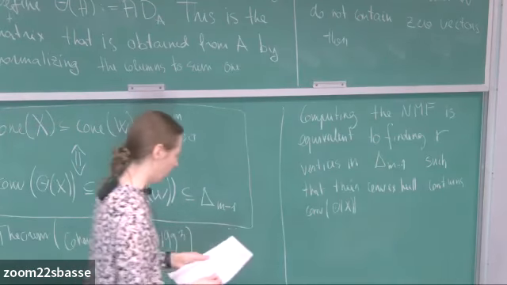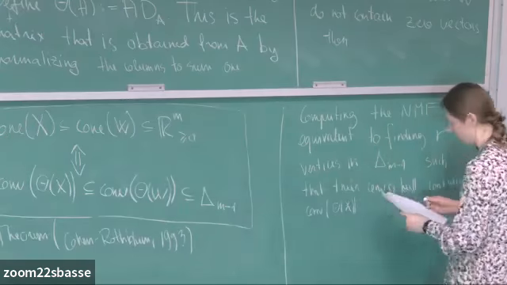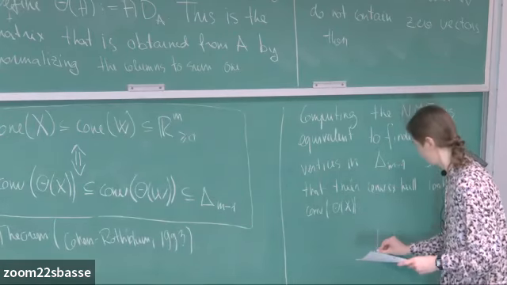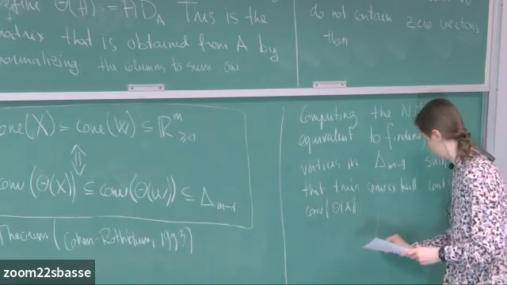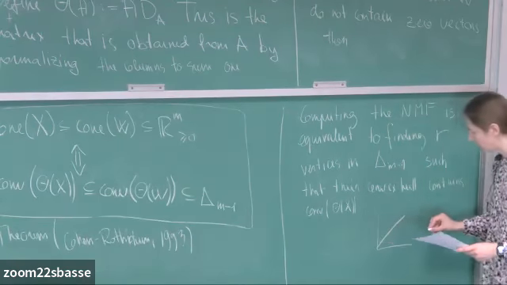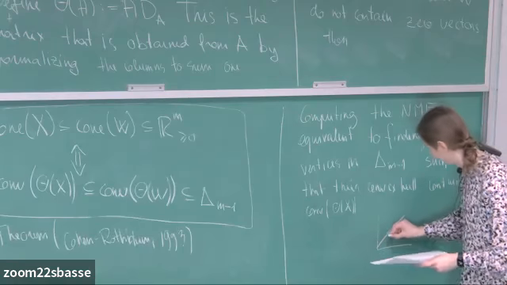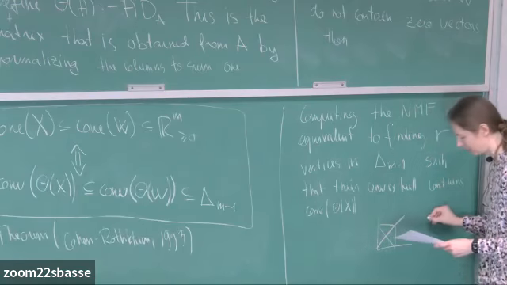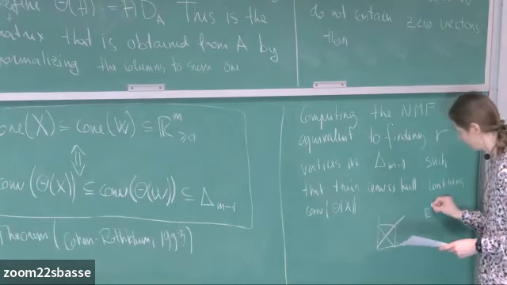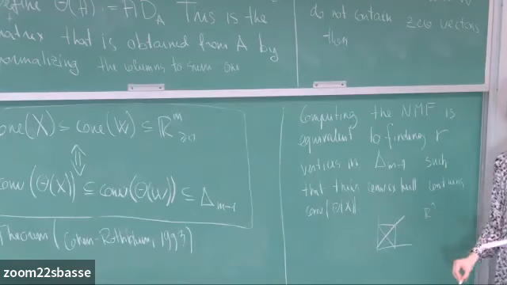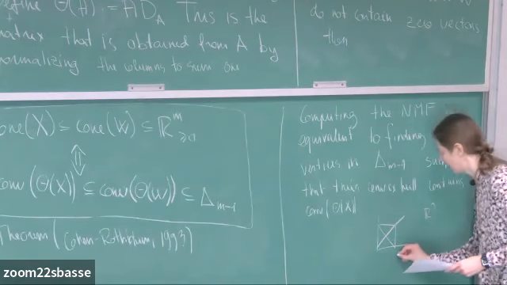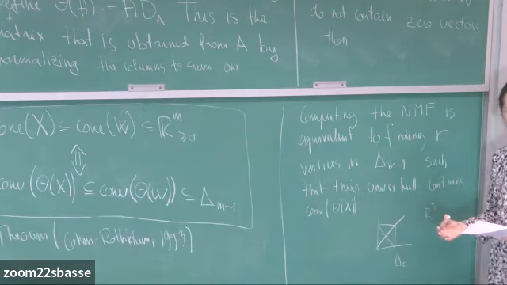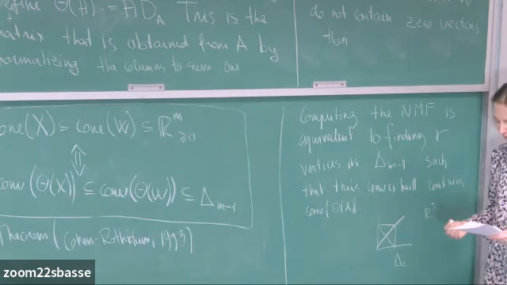Okay, let's do a picture. I'm not sure if you will actually be able to understand this picture. We are in R3. So what I drew is the unit simplex, delta 2. It lives in R3, but it's two-dimensional. It's a triangle.